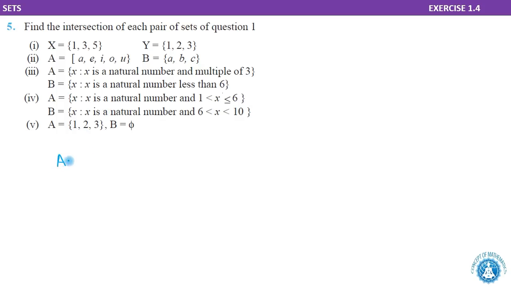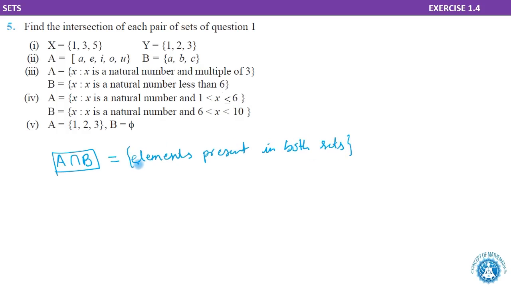If A and B are two sets, then their intersection is denoted by this notation, and it is the set of elements which are present in both sets. Correct?